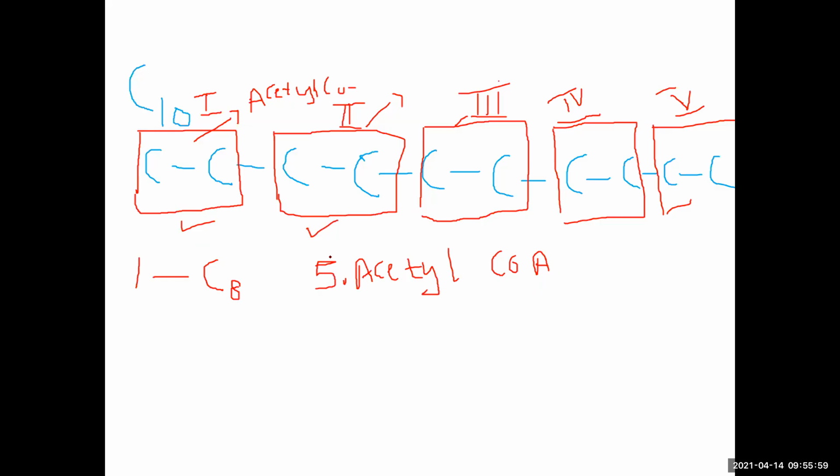Now we have to find out how many rounds it will take. What I did here, and nobody told me, I did that deliberately. If you see here, round 3 and round 4. When I'm in round 4, do you think I need to go to round 5 once again? Because at this time, I will already have one acetyl CoA here and one acetyl CoA over here, because every acetyl CoA has 2 carbon atoms.